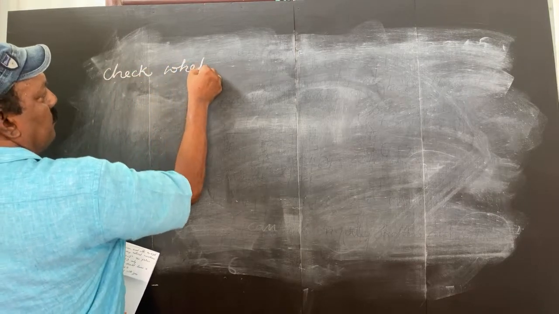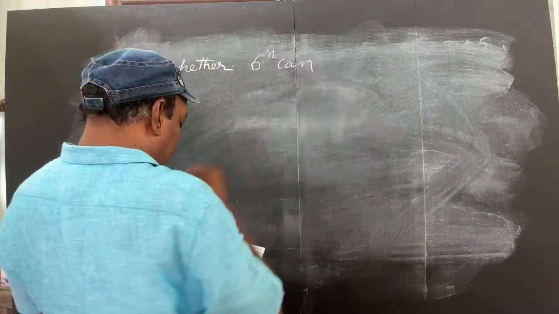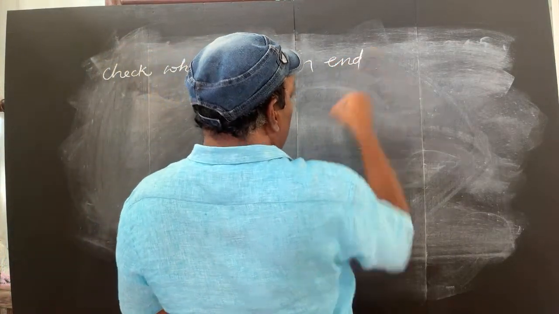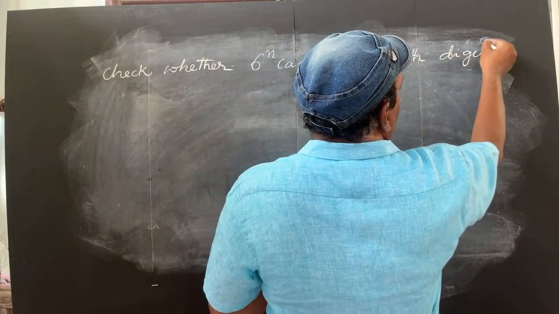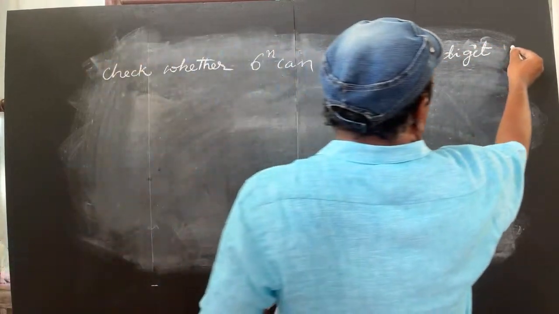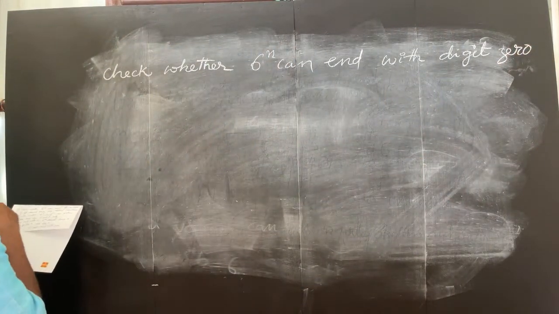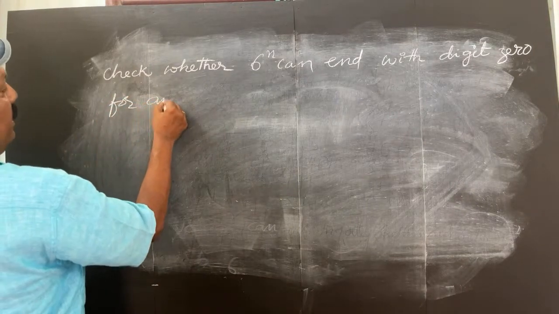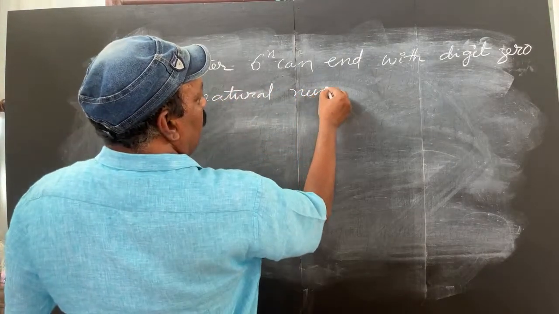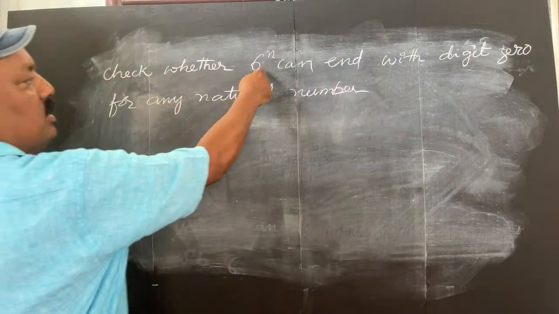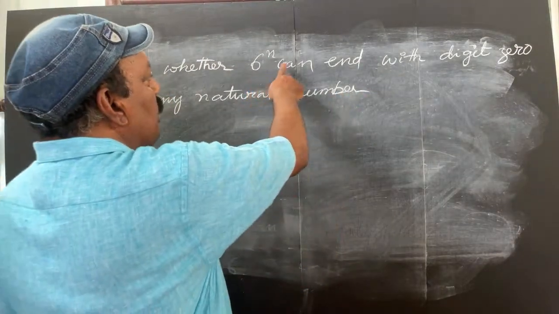Check whether 6 to the power of n can end with the digit 0, for any natural number n. Here, check whether 6 to the power of n can end with the digit 0.